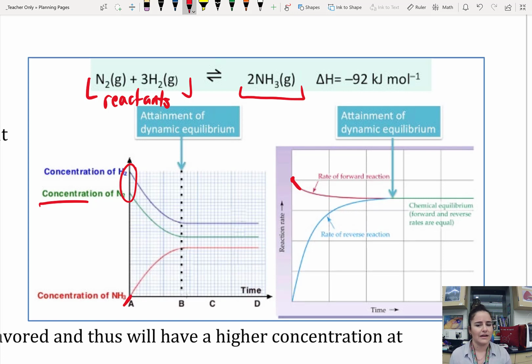Now, remember back to kinetics. What happens when concentration increases? The rate of the reaction increases. So as the concentration of reactants decreases, that's going to increase the concentration of the products and thus increase the rate of the reverse reaction. While as the concentration of reactants decreases, that is going to decrease the rate of the forward reaction.